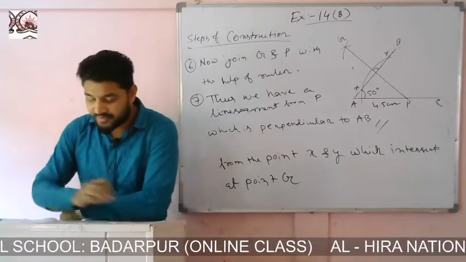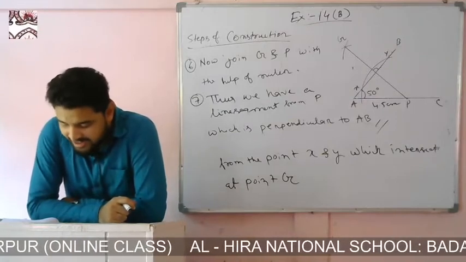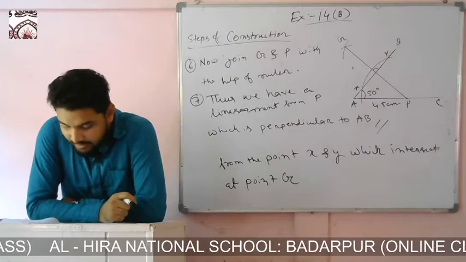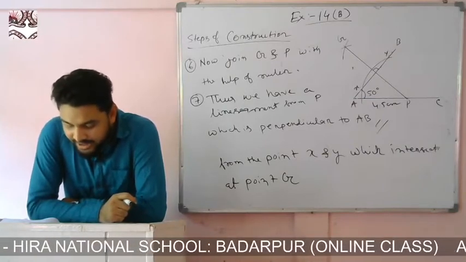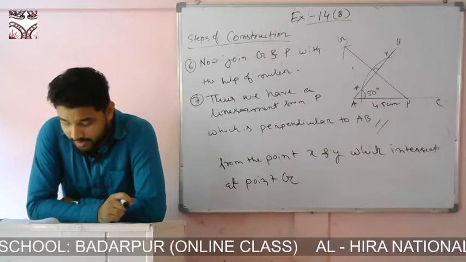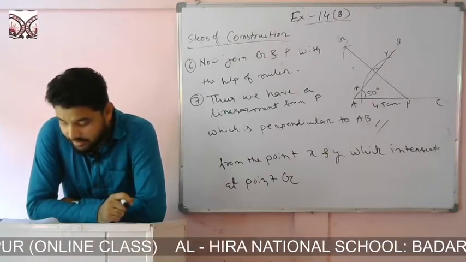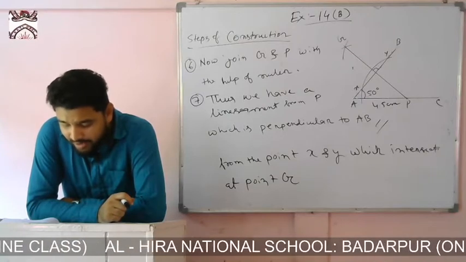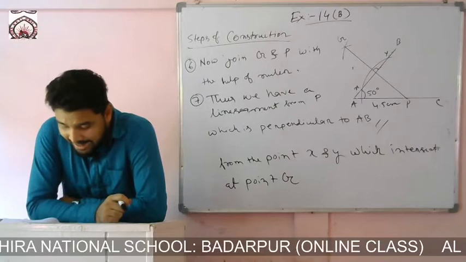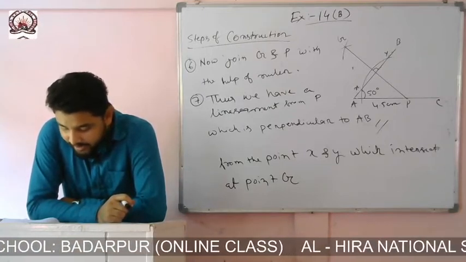Now come to question number 5. Draw a line segment AB of length 6.5. At each end of the line segment AB, draw a line perpendicular to the line AB.